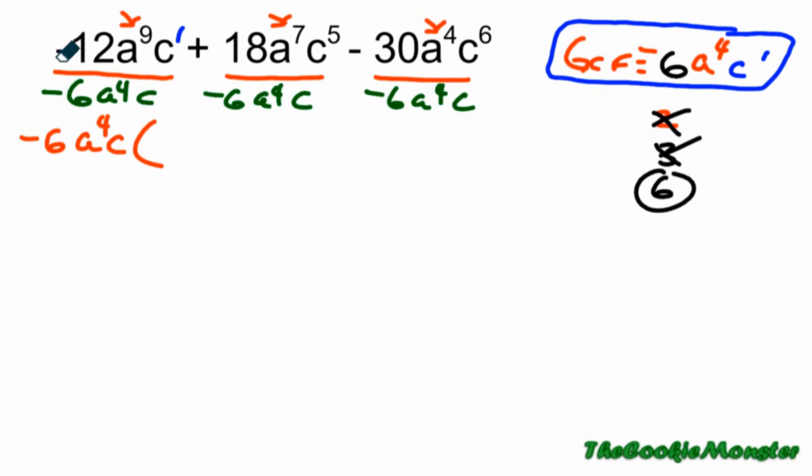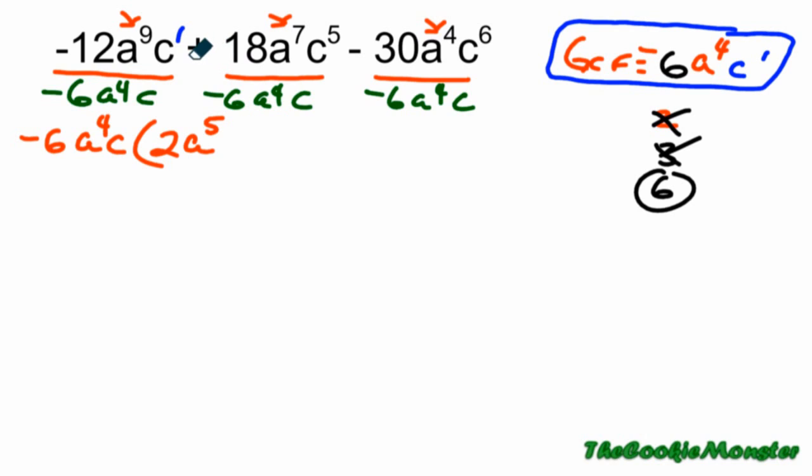So then you take negative 12 divided by negative 6, which gives you a positive number. Then a to the 9th over a to the 4th, subtract the exponents, gives you a to the 5th power. Then, as I said last time, you cannot put this plus automatically here because in this case, it'll be wrong.